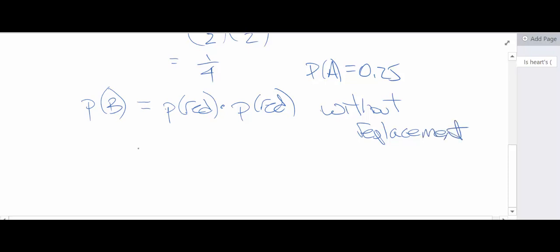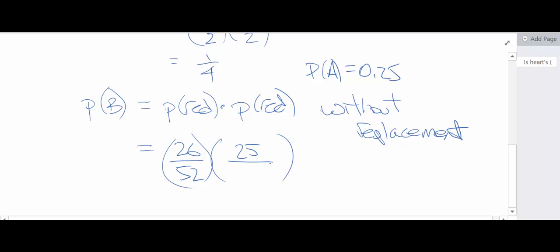So now, to calculate this probability, well, the probability of drawing that first red card out of the deck, well, there's a total of 26 red cards, and there were 52 cards in the deck. But now you're going to draw another card, and this next card is going to be red. So what happened was the first card you drew out of the deck is red. That means there's only 25 red cards left.